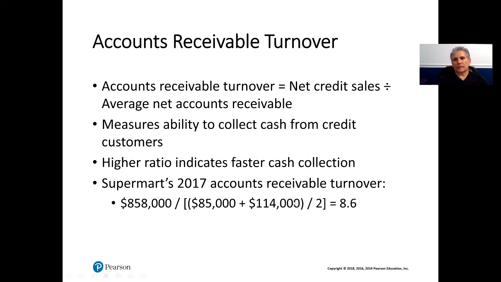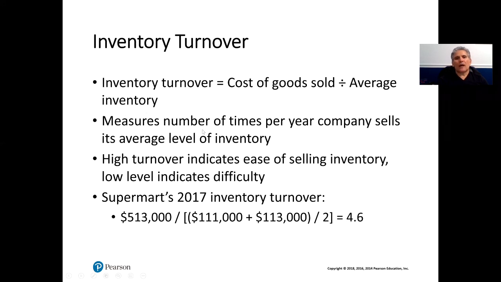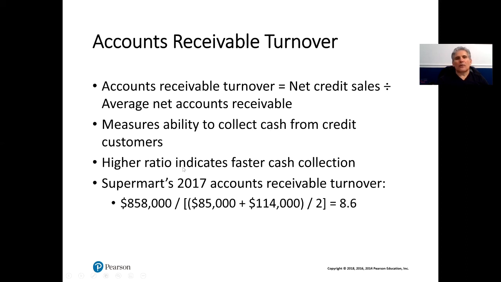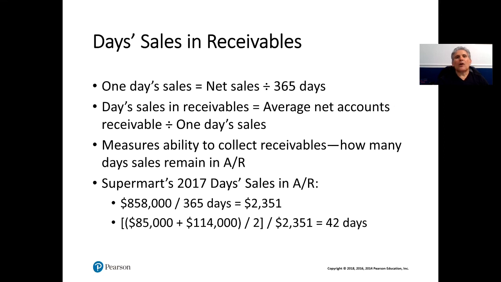So that's what we're really looking for when we're trying to analyze. We want to make sure that the company is actually collecting its receivables within a pretty short period of time. Same with inventory. We do want a high number here because the higher number indicates that we're selling it quicker, that we're moving the inventory faster. So high inventory and high accounts receivable turnovers are good things.